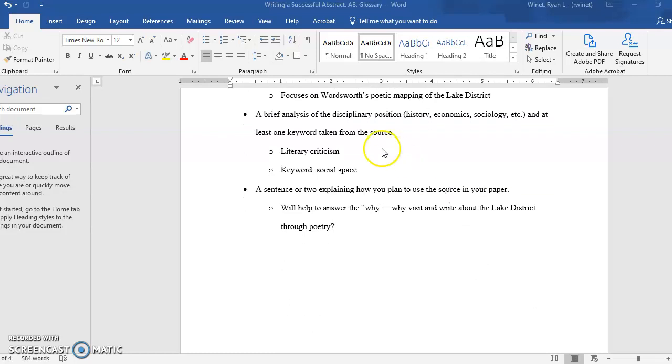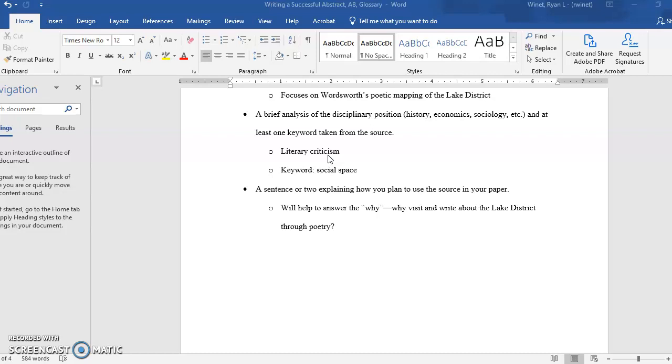In this annotation, I should also provide a brief analysis of the disciplinary position of the author and at least one keyword taken from the source. Remember that in our class, a discipline refers to both a subject and a perspective associated with that subject. The discipline for this particular article is literary criticism.